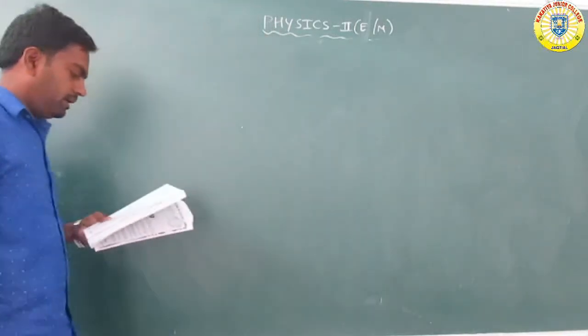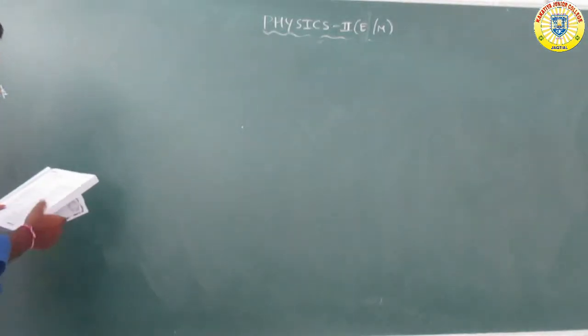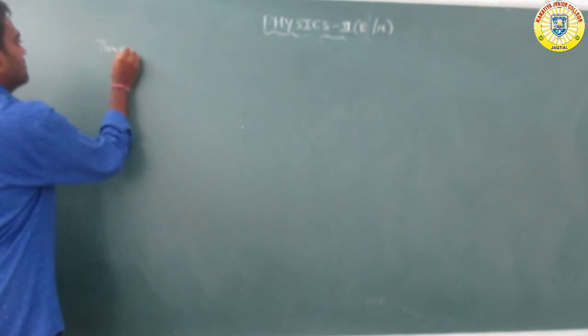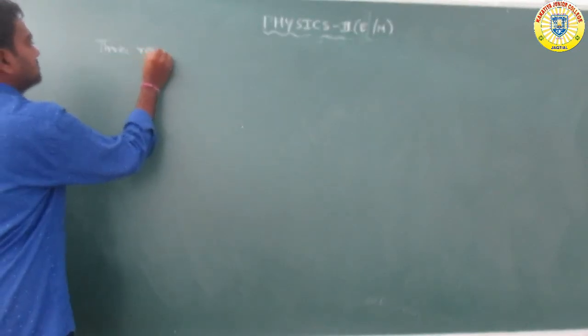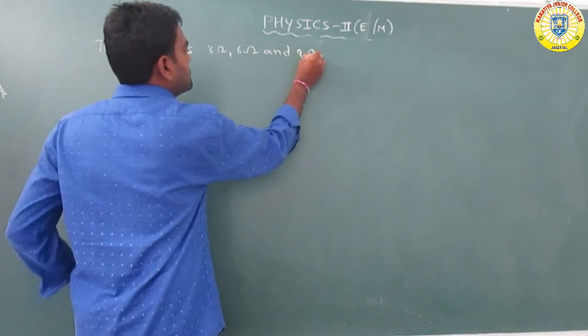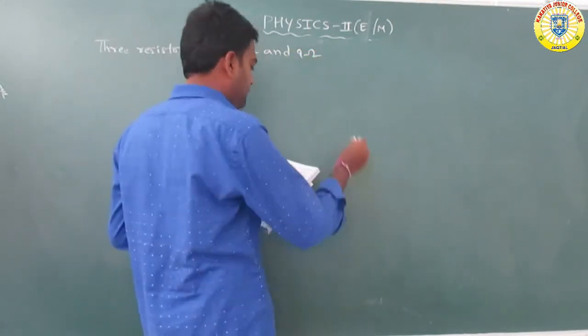The next topic. Three resistors, 3 ohms, 6 ohms and 9 ohms, are connected to a battery.